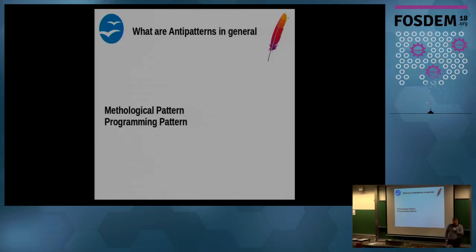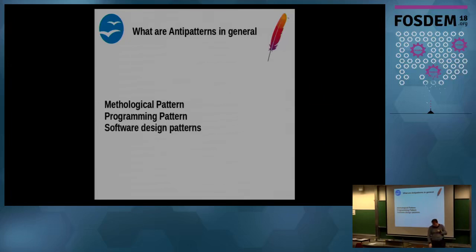Programming patterns are steps, development or programming steps we use in order to achieve a goal. And the anti-pattern is: it works, but it will get back to you at some point in the future.